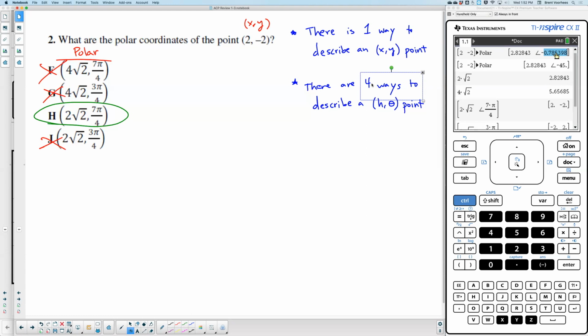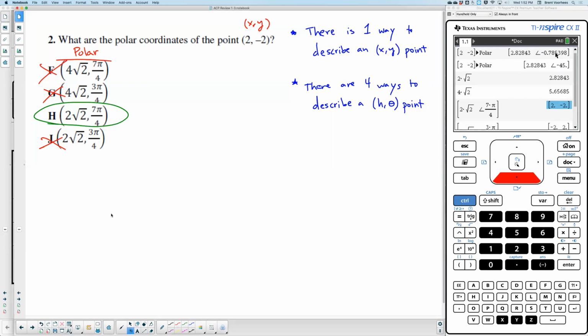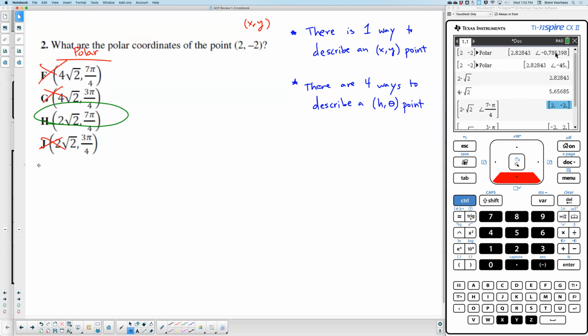So when I typed in this polar, H, it gave me the only rectangular option for it, which happened to be the correct one. Does that make sense? So if we were going to do this again, I would not start with the x and y in the problem. I would start with the answer choices because they're polar. This is the one where you could have multiple answers.